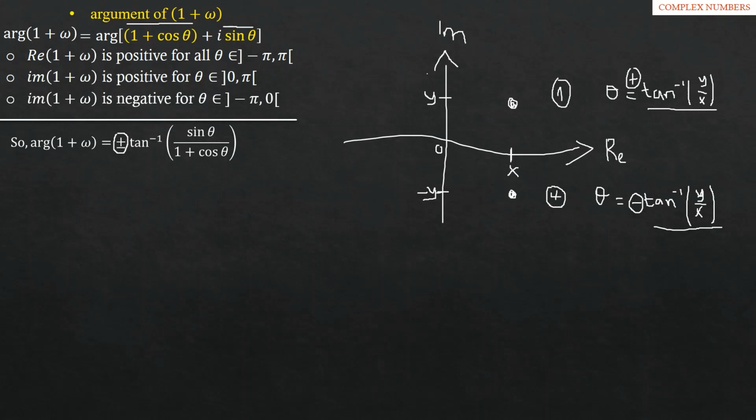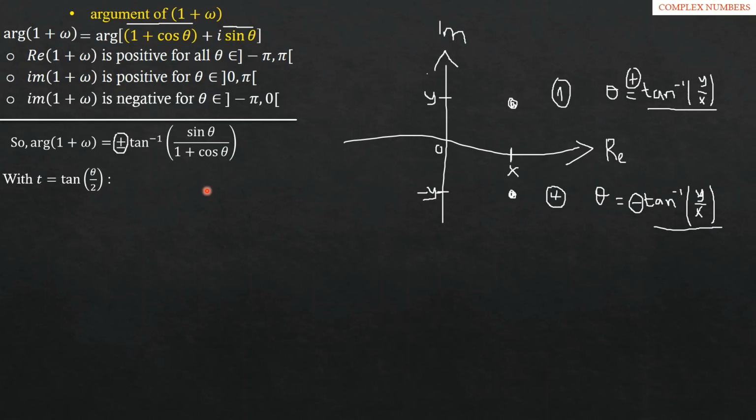All right, now we need to know the value of sine theta over 1 plus cos theta. We are going to use the half angle identity to know the exact value of sine theta divided by 1 plus cos theta. When I say t, anywhere you see t, you know that it is tan theta on 2.